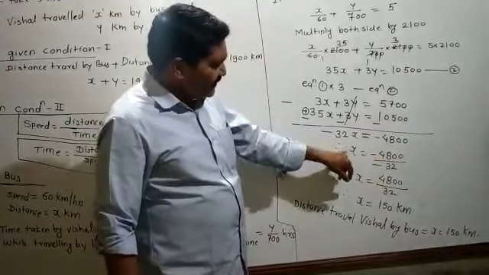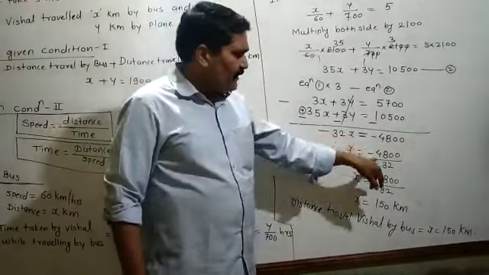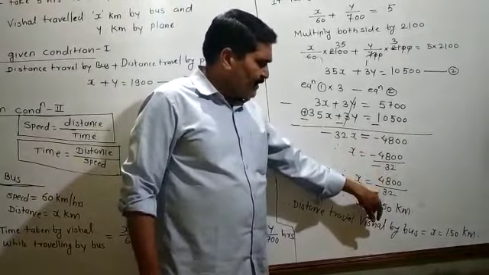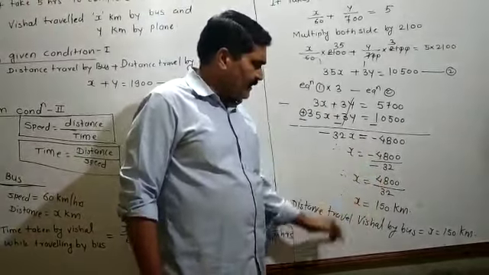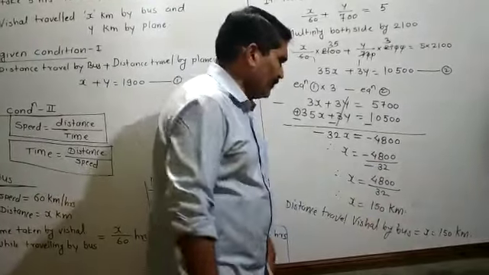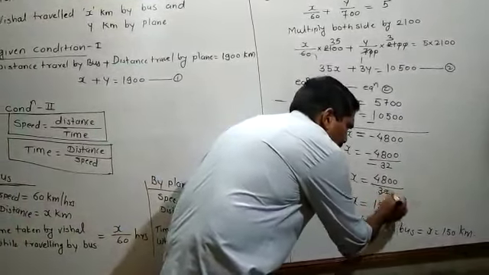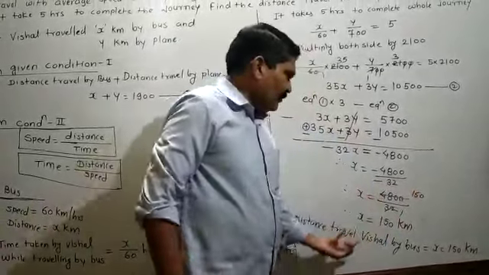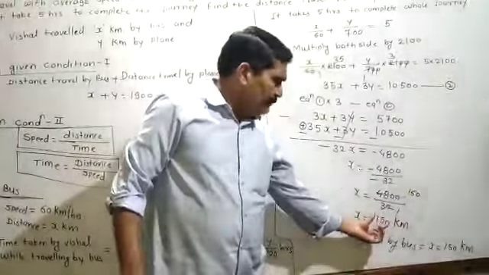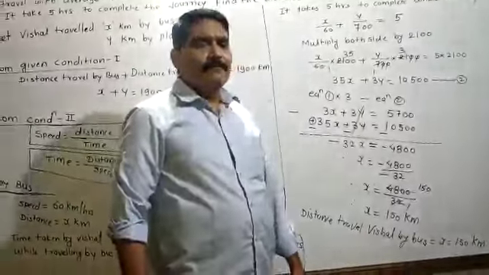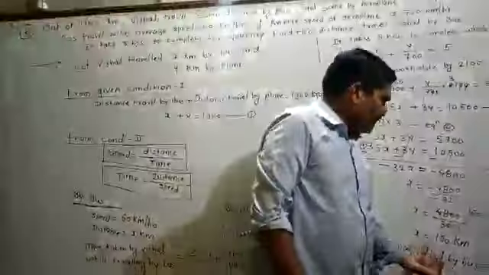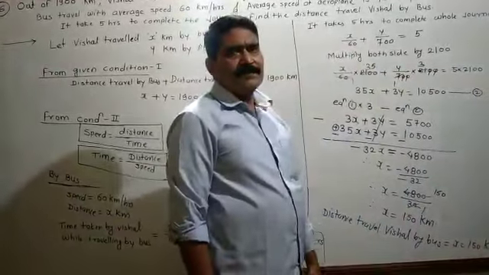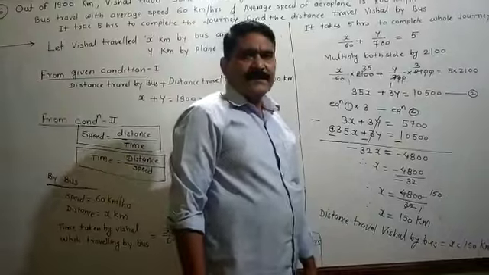If you want to find out x, multiplied by minus 32 becomes divided by minus 32, and if both numbers are negative, the quotient is positive, this minus sign will cancel. x is equal to 4800 upon 32. 32 ones are 32, 32 150s are 4800, and x is equal to 150 kilometers. From that we find that the distance traveled by Vishal by bus, x kilometers, is equal to 150 kilometers. I think you understand these things.